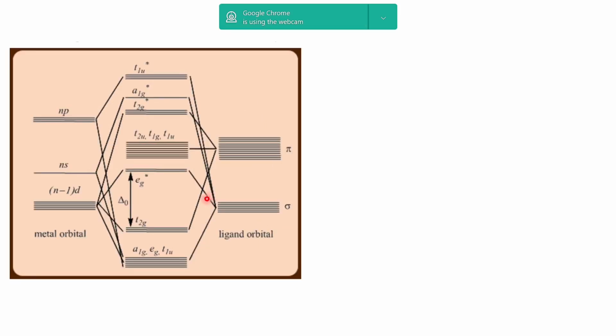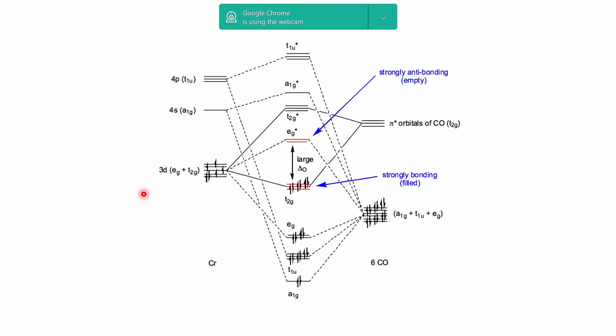But in this case, whenever the interaction is much stronger, now the T2g is also bonding in nature. In this case, definitely Eg star cannot be populated because this splitting is much, much higher. And now this is the case for pi acceptor ligands, for example, carbon monoxide.